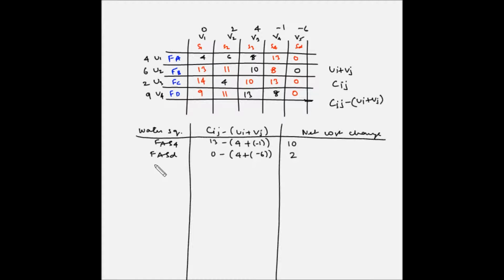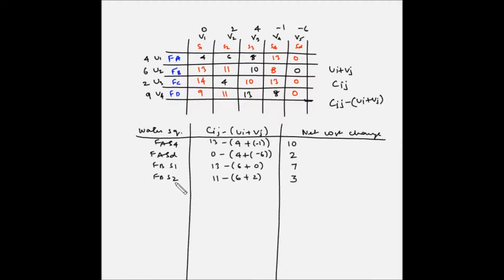The next water square is F-B-S1, cij is 13, ui is 6, and vj is 0. So 13 minus 6 is 7. The next water square is F-B-S2, cij is 11, ui is 6, and vj is 2. 6 plus 2 is 8, 11 minus 8 is 3.